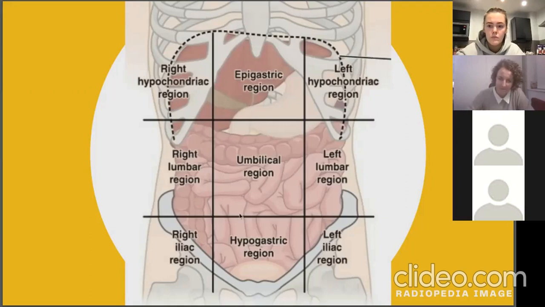And then also you've got infective causes of the acute abdomen like TB, a basal pneumonia and things like that. Okay, so let's get into some questions.